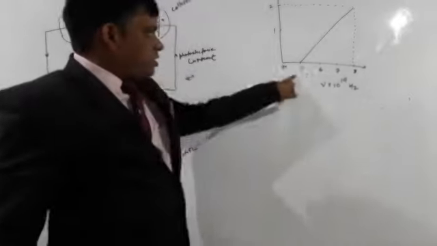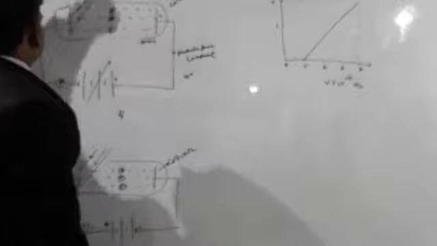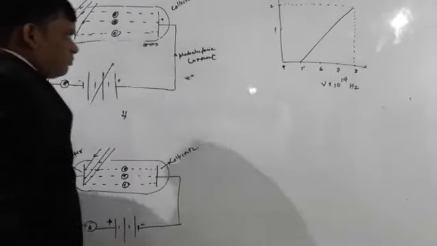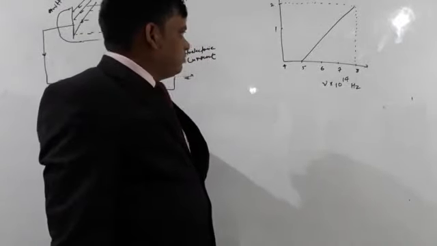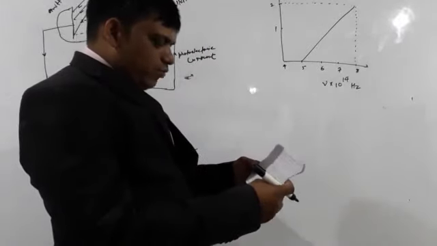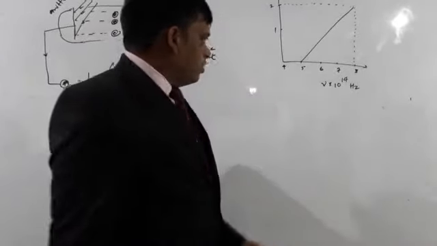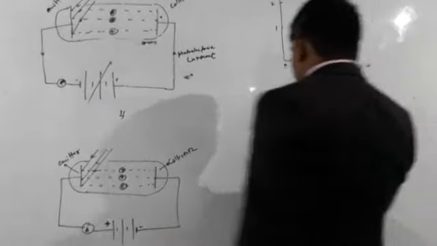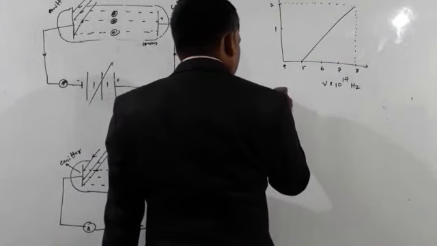These are the frequencies of the radiation of the incident waves falling on the emitter. This is the emitter. Now in this question, we have to determine the threshold wavelength. So we know the equation E is equal to phi plus K max.